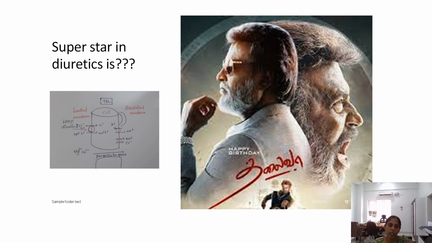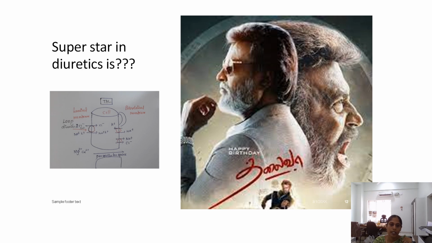Why I have given the picture repeatedly is that you should know what co-transporters or antiporters are present in the concerned part of the nephron, so that you can remember the mechanism easily. The transporters are more important, right?